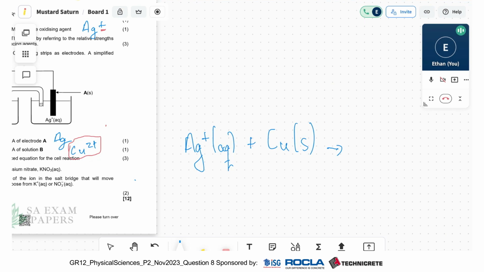That's how we know that we start with this and not with copper plus and silver solid. We know that silver plus is the oxidizing agent, so it starts this way. And this goes to silver solid.